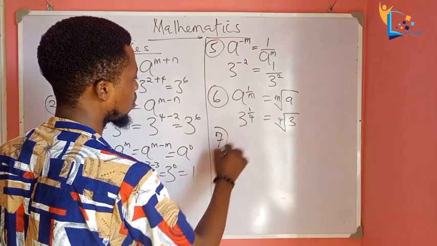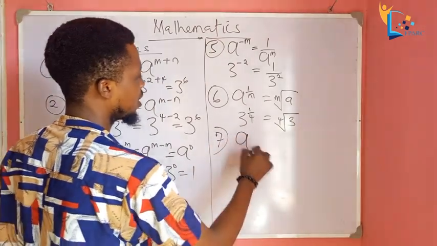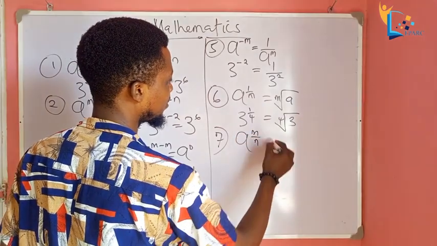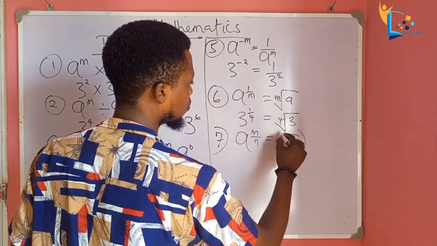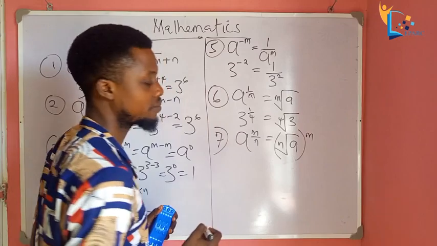Then the seventh law: a raised to power m all over n is the same thing as saying open bracket the nth root of a close bracket raised to power m.